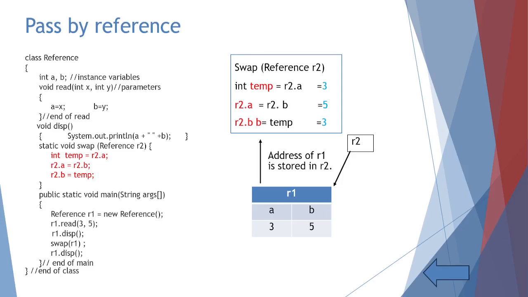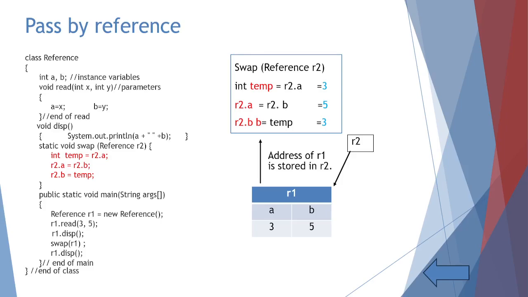So R1's address is sent to R2. If you see the picture, now address of R1 is stored in R2 and R2 is also referring to that same area where R1 is there. Both of them are referring to the same area.